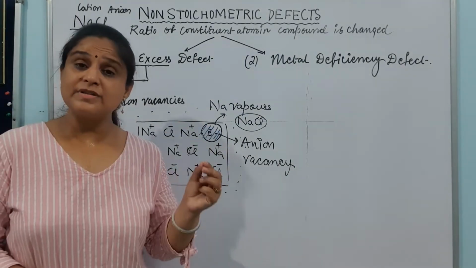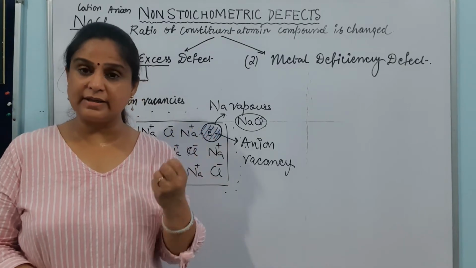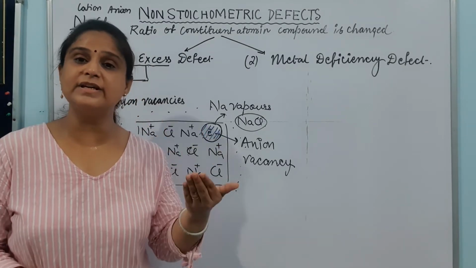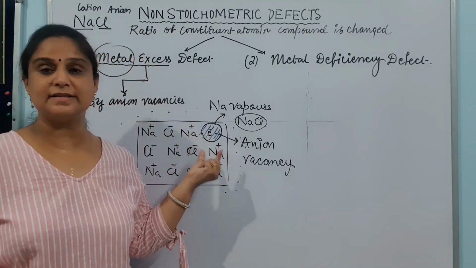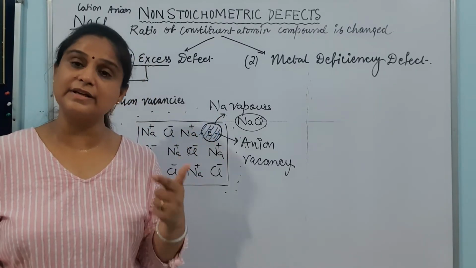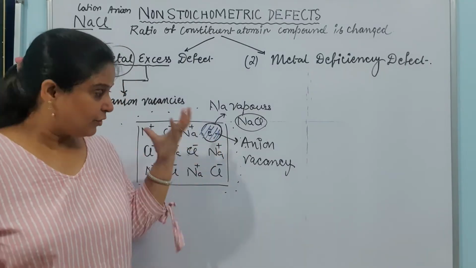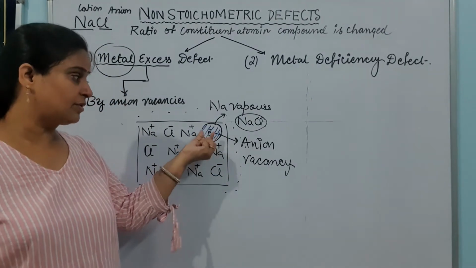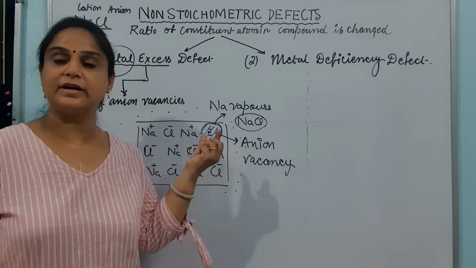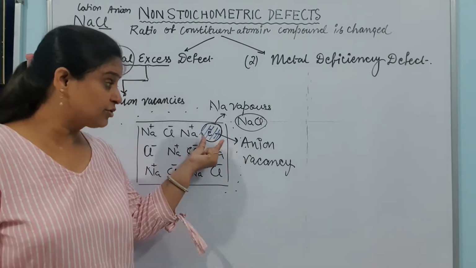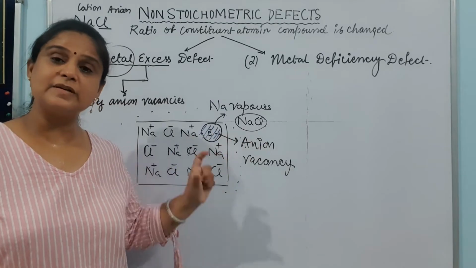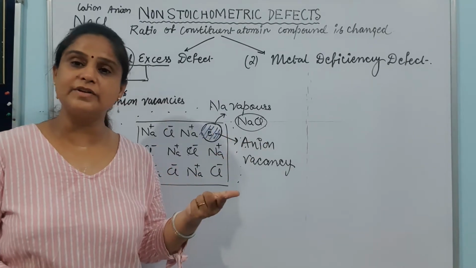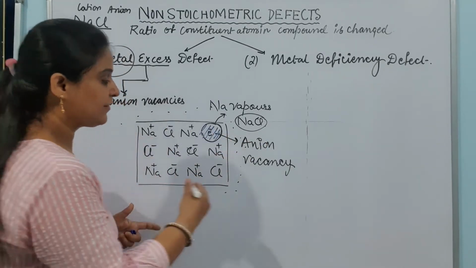Why? Because this electron is going to gain the energy and it is going to lose that energy also, and the radiations which are emitted out by this electron will decide the color of the crystal. Okay, so what will happen here? This electron becomes responsible for the color of the crystal. This electron which is entrapped in the anionic vacancy, and just because it becomes responsible for the color of the crystal, I will call it as F center.